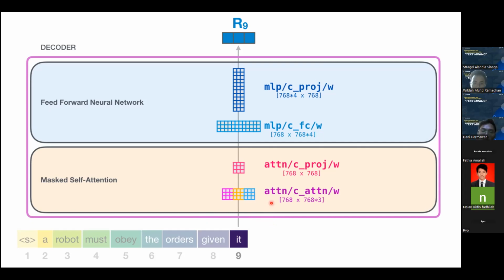Then we obtain the results and concatenate them into one output again, and then we use 2 transformations. One expands from 768 to 4 times bigger, and then we shrink the 4 times bigger vector back to the original size. Then we get the final decoder's result.